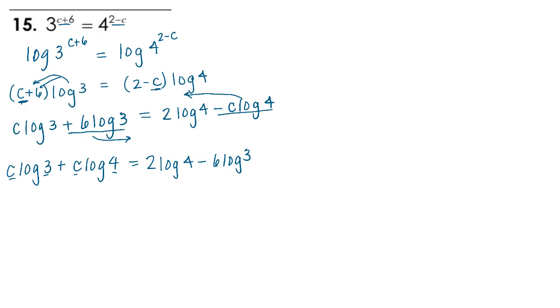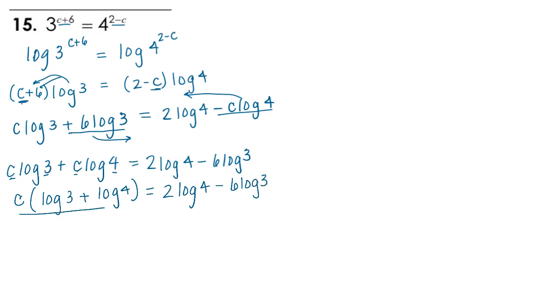Now what we're going to do here is factor out that c. And when we do that, we're going to have log 3 plus log 4. Now we could combine those, but it's really not necessary for this because we are going to just transfer all of this to the calculators.